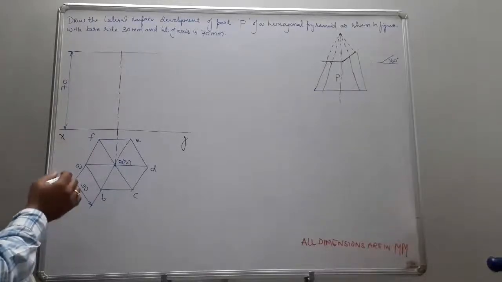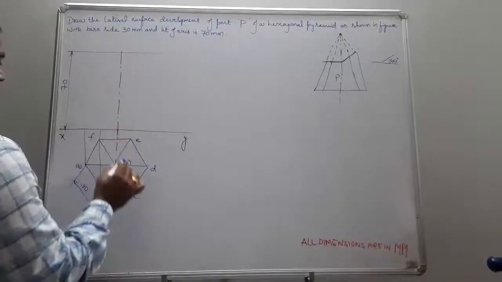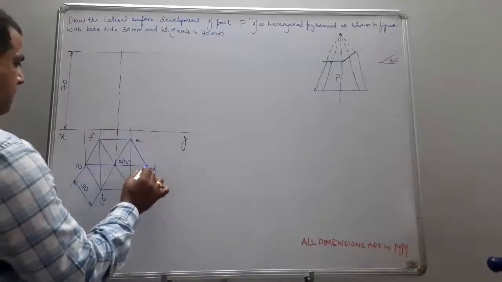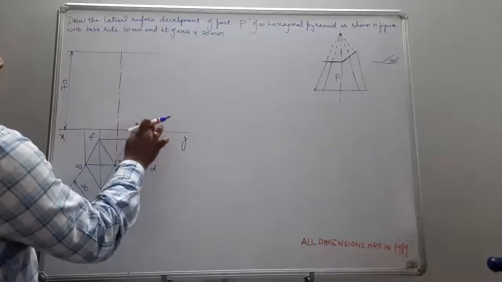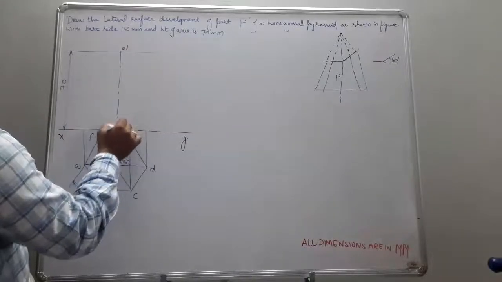Now let us put the points which are going to be obtained on the base. So this is O1 dash, this is O2 dash.